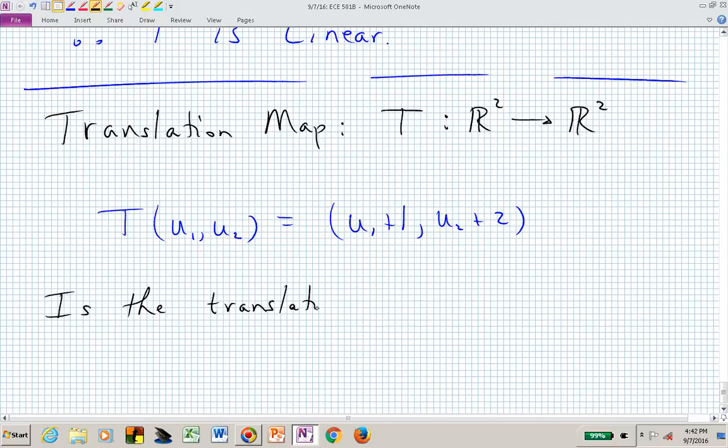And now what I want to ask is: is the translation map that I've just defined linear?